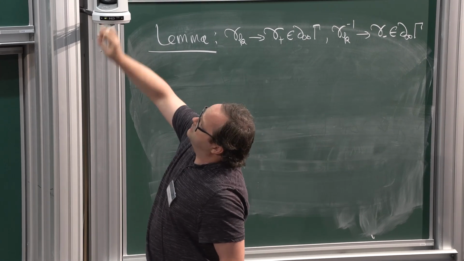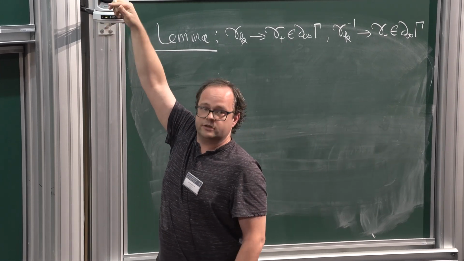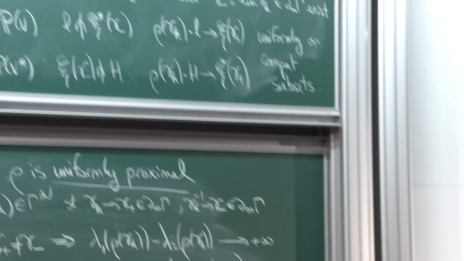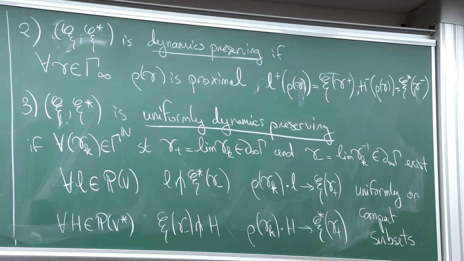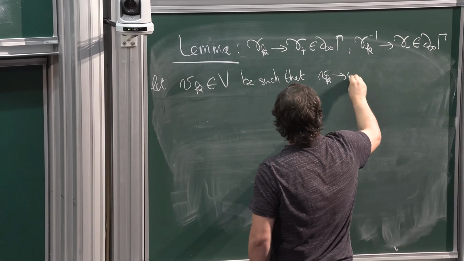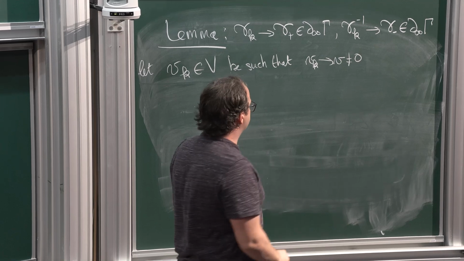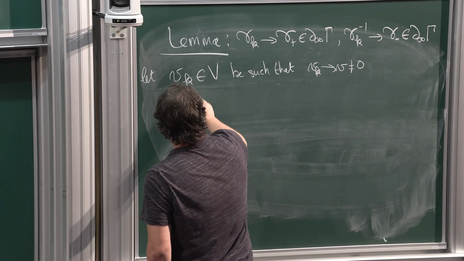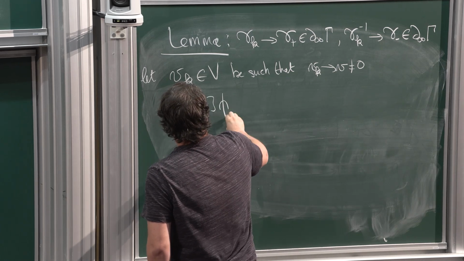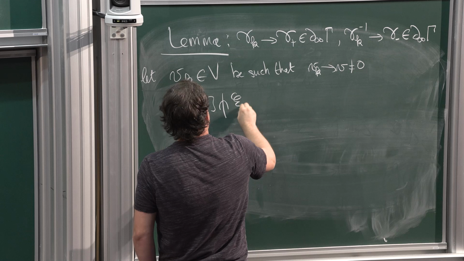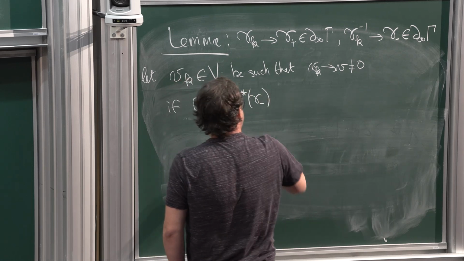But now instead of having some L in the projective space, we'll have some vector V. And we'll do some locally uniform convergence right away, so let Vk in V be such that Vk converges to a non-zero vector V. And we're trying to say something about rho of gamma k acting on Vk in the case where V is transverse to psi star of gamma minus.